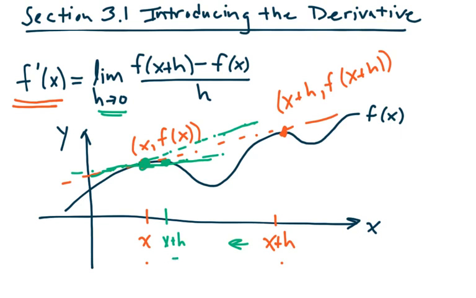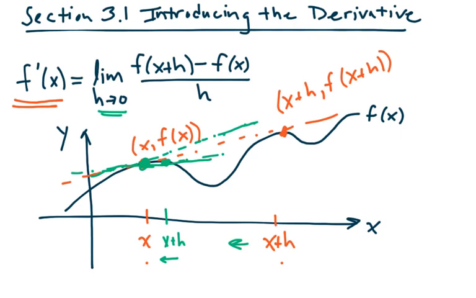And then you keep shrinking h, and soon enough you're going to have a really nice exact answer at x itself. Okay, so a derivative is really giving you the instantaneous slope versus the average rate of change.